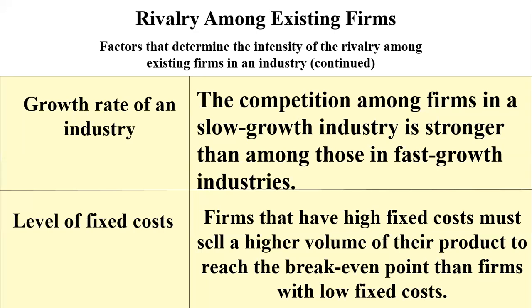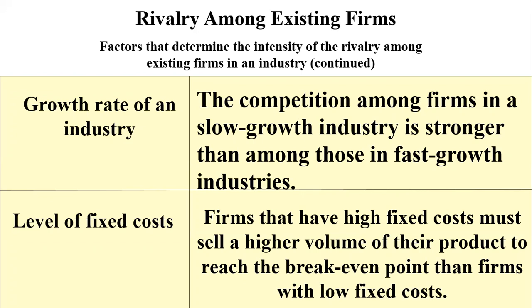Now, the level of fixed costs. Ideally, firms that have high fixed costs must sell higher volumes of their products in order to reach break-even, or even to make some amount of profits.